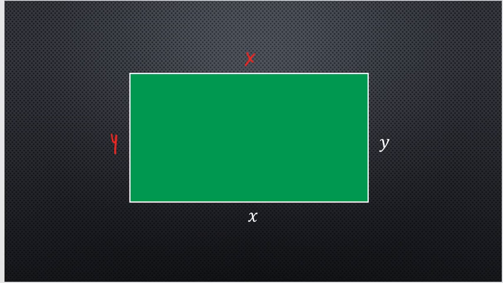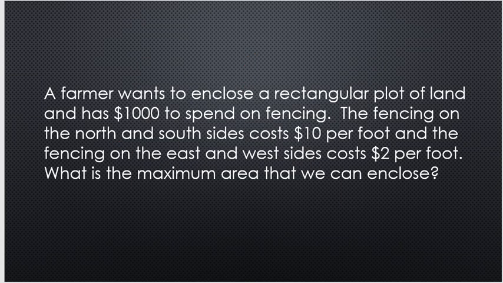So we were asked in our question, if we go back, the question says, what is the maximum area that we can enclose? Those two words there, maximum area, those right there are our key words to say that what we're trying to minimize or maximize, obviously, is the area.